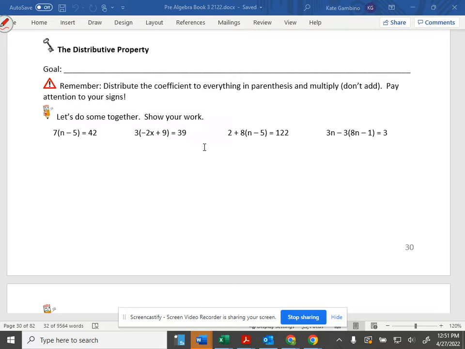Yeah, and what does that do? It gets rid of what? Remember what they're called? Ethan? The parentheses. So our goal of that distributive property is eliminating parentheses.